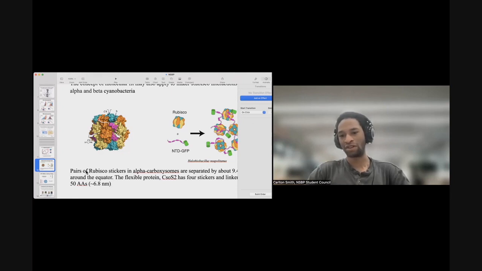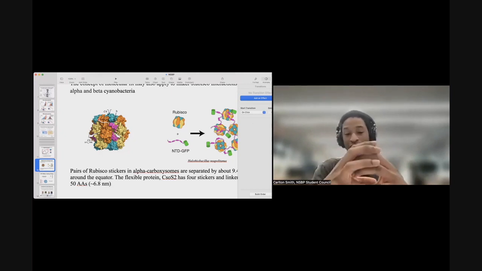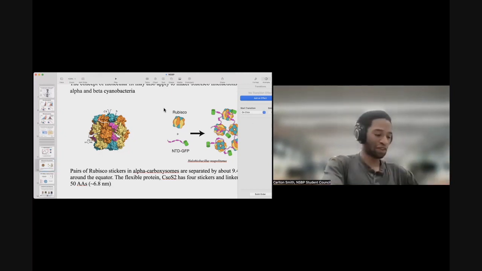So, for example, say in bacteria A, you do see this phase separation behavior, and it has a very well understood mechanism for how the organism is able to undergo photosynthesis.